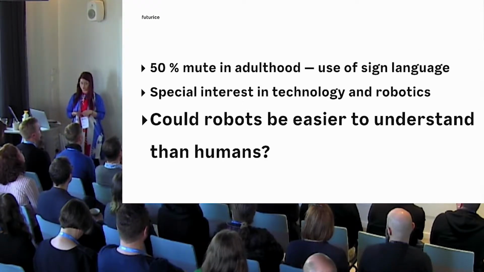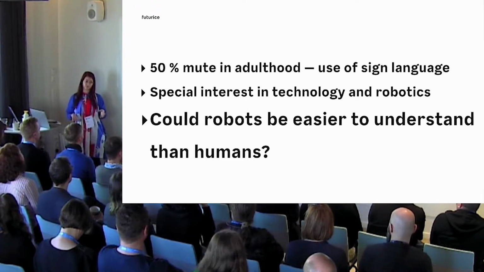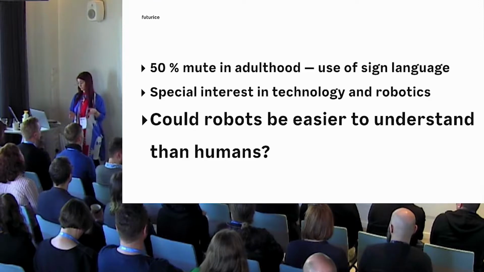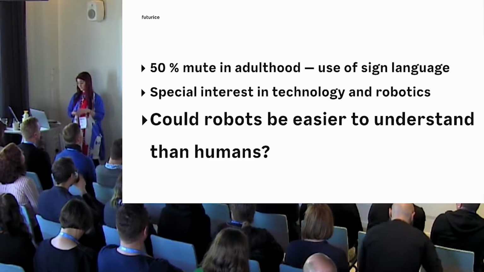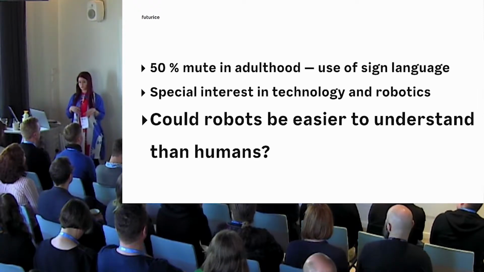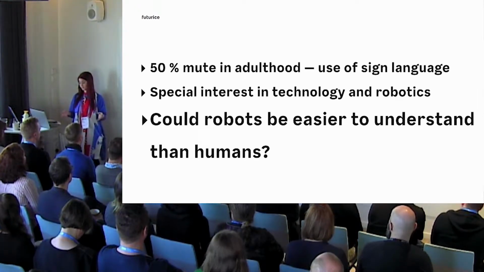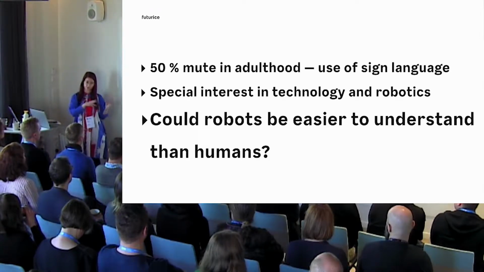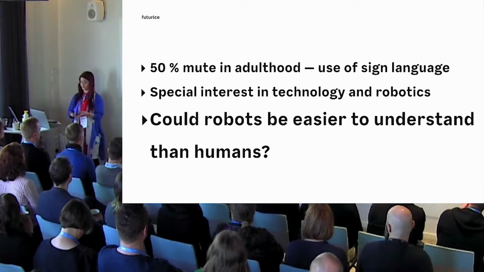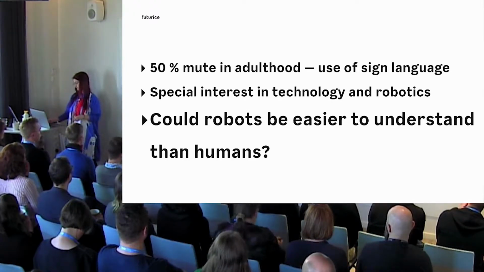They communicate with other means. Sign language is the most used form of assistive communication by people with autism. They've also been found to have a special interest in technology and robotics. So previous therapies with people with autism have found that when there are robotic components involved, they're more engaged. So both of these things logically lead to maybe a robot could be easier to understand.